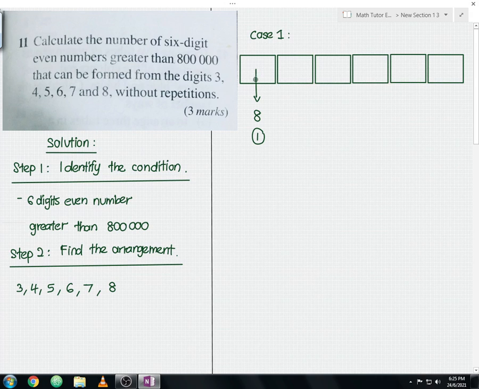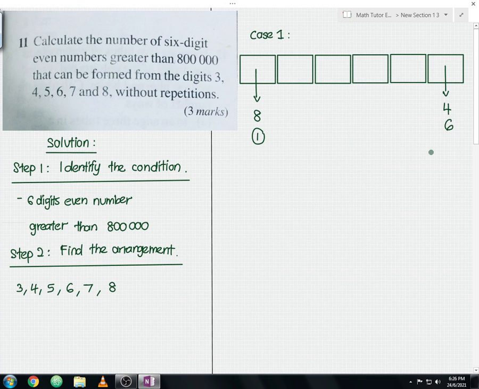And then the question also asks for an even number. Even number means a number which can be divided by 2, for instance 2, 4, 6, 8 in the last digit. In this case, since you've already fixed your 8 in the first digit, you can only have 2 possibilities for your last digit, where you can only have either number 4 or number 6.